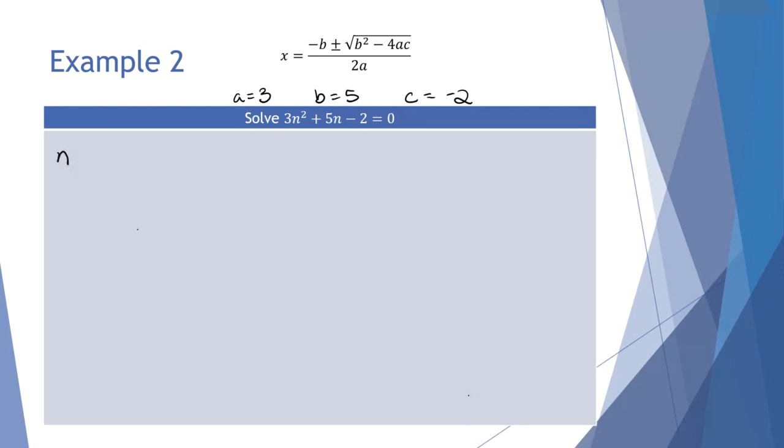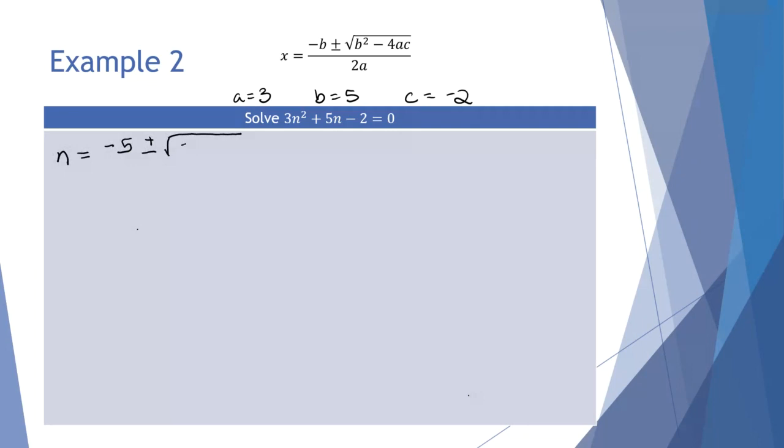So instead of x, I have n, because n is the variable. So we have negative b, so b is 5, so that's going to be negative 5, plus or minus. And we'll talk about that plus or minus once it becomes important. So far it hasn't been important, and you can just write plus or minus.